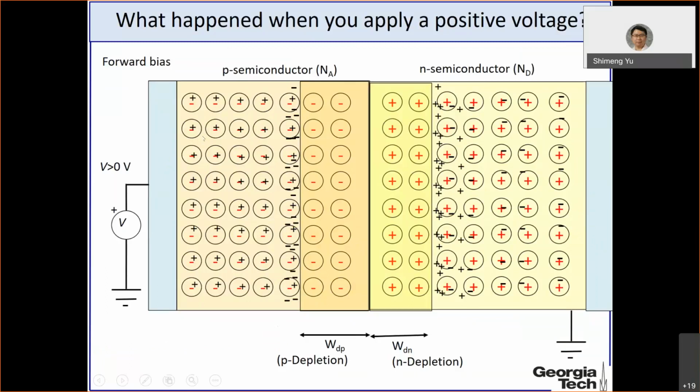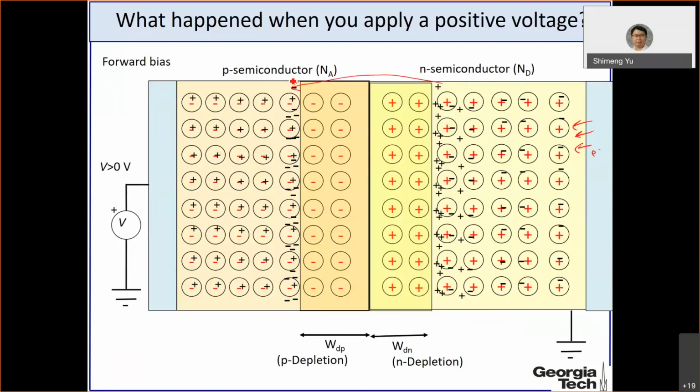if you keep further increasing the positive voltage, you will get more and more electrons, because you keep injecting electrons from the ground terminal. So those electrons eventually need to go to the positive terminal.